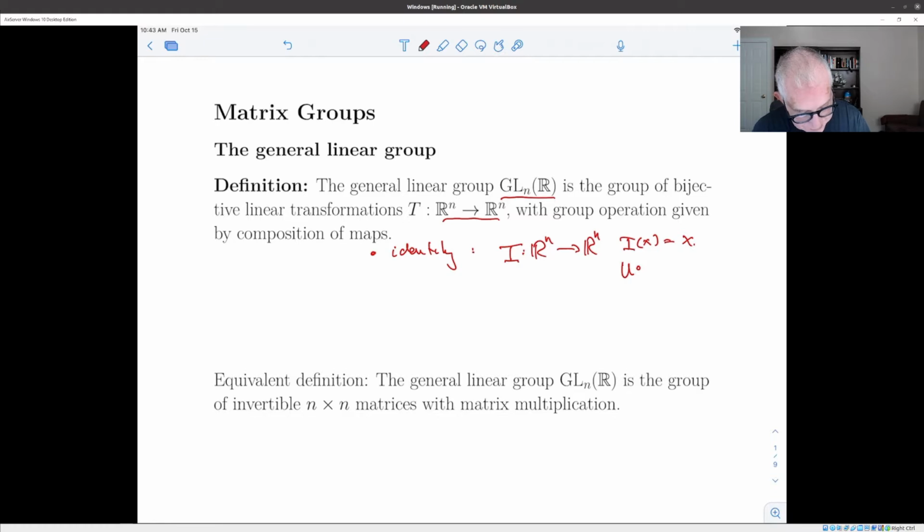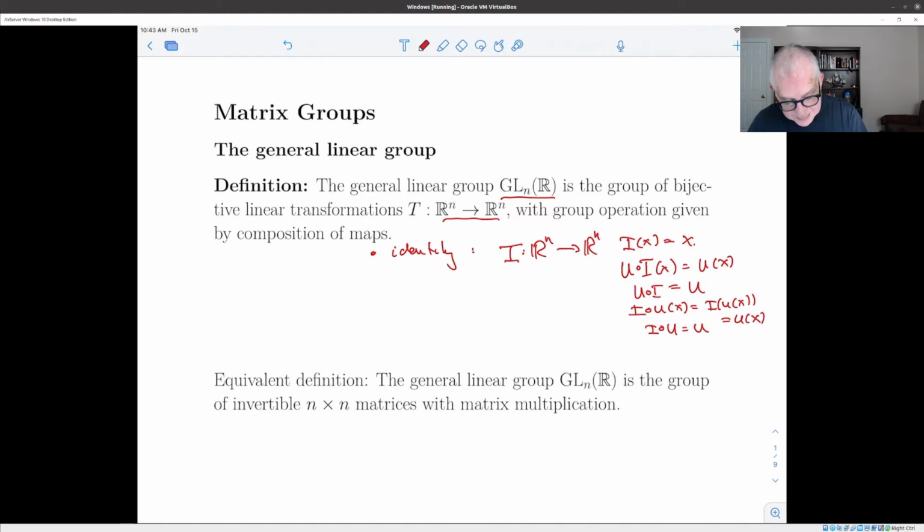U composed with I of x is U of x. And so the map U composed with I is the same as the map U. And similarly, I composed with U of x is I of U of x, which is U of x. So I composed with U is U. So I acts like an identity.